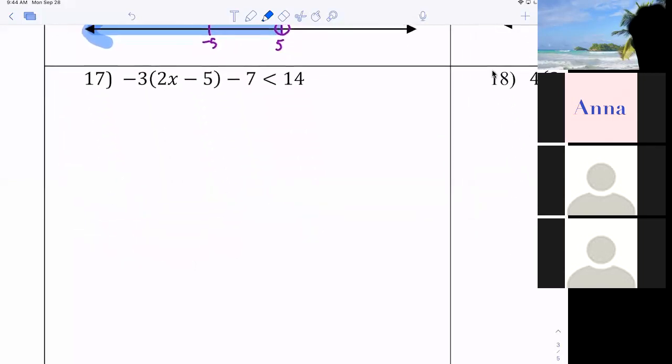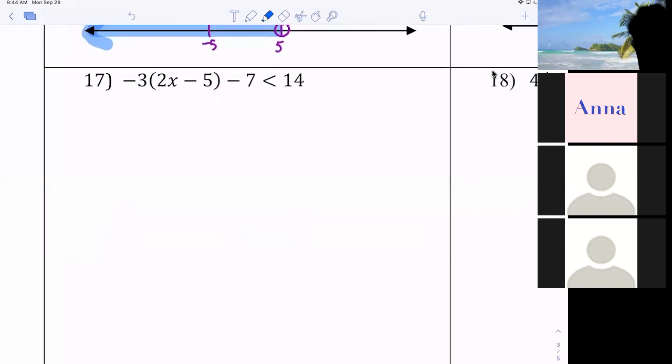All right, here we go. Let's distribute the negative 3. Come on, guys. Negative 6x plus 15 minus 7 is less than 14. Anybody have any issues with that? Combining terms, what's 15 minus 7?